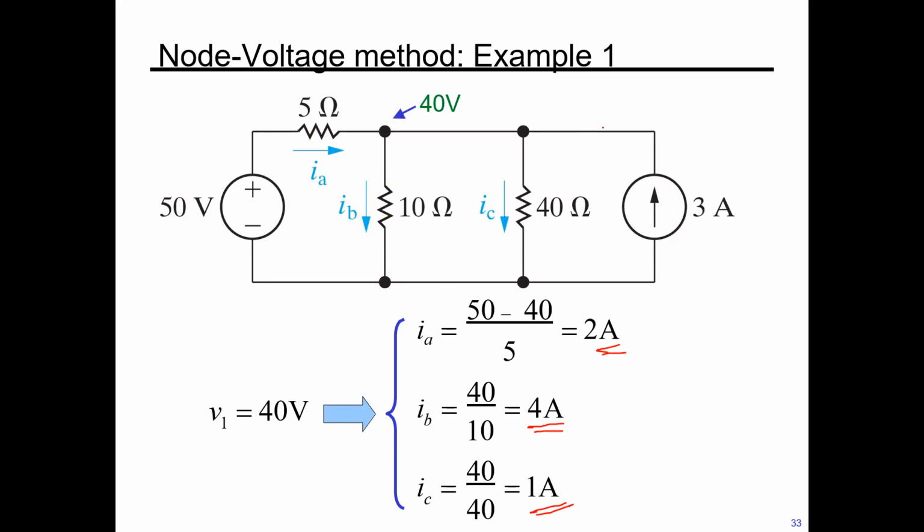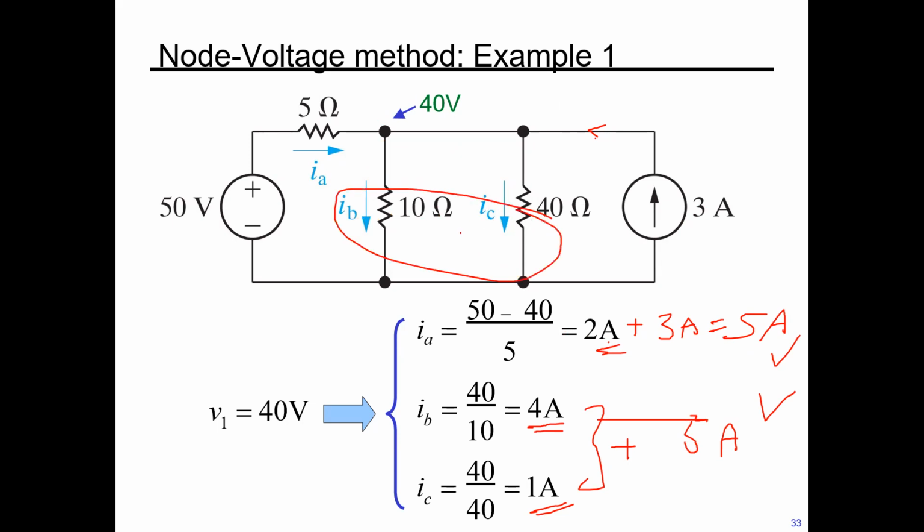In other words, what is in is equal to what is out. So the two currents, 2 plus 3, which is 5 amp, are equal to IB plus IC. If we add these, that is 5 amp. So the two currents entering the node are equal to the two currents leaving the node.